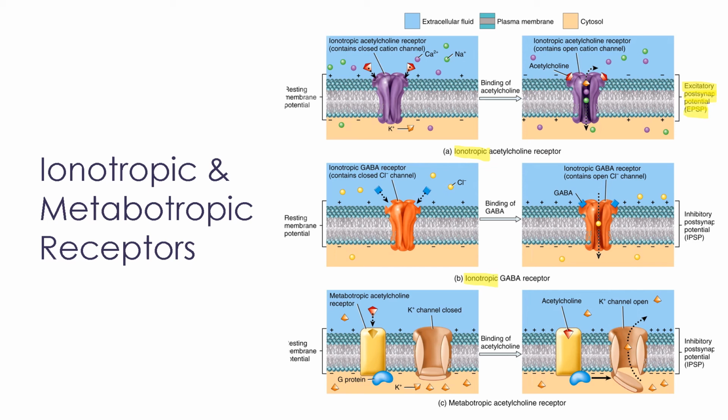This is where we have an ionotropic acetylcholine receptor that has a cation channel. This is going to be the most common type of excitatory receptor. So when acetylcholine binds, it allows calcium and sodium into the cell, and it allows potassium out of the cell. So this is an excitatory postsynaptic potential, or an EPSP.